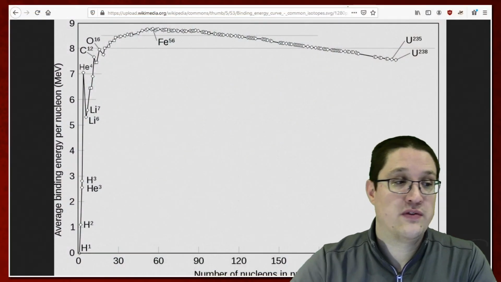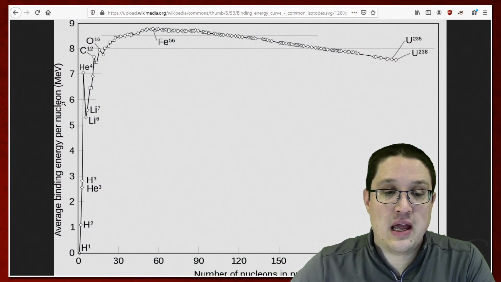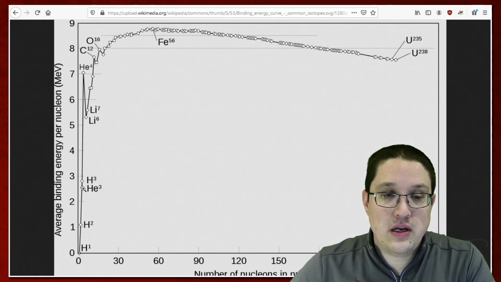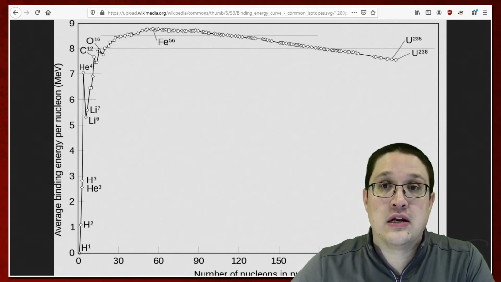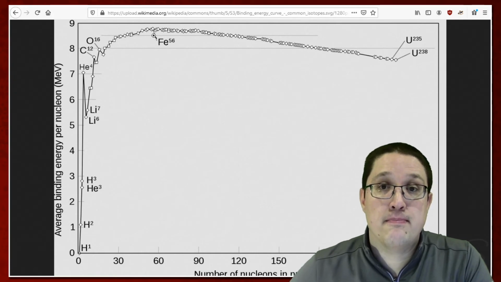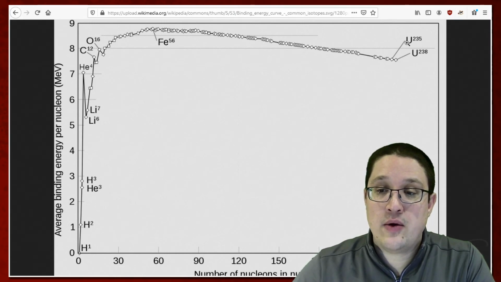One thing that is useful to note, we look at a chart here of average binding energy per nucleon. We see that, for example, hydrogen-1 has only 1 nucleon. But as we go through the light elements, the average binding energy increases. Iron-56 has the most binding energy per nucleon. This is the peak of this curve. Uranium is down here.